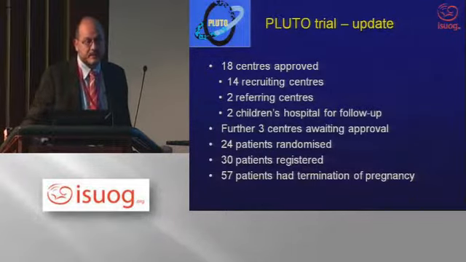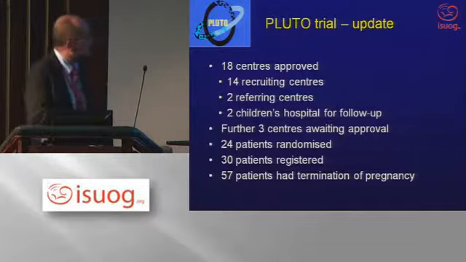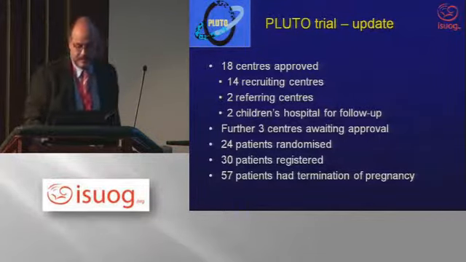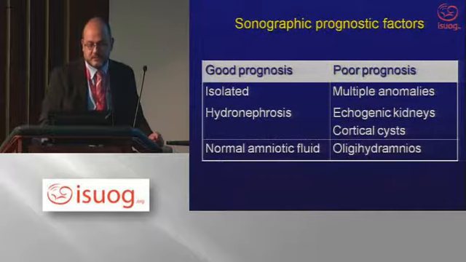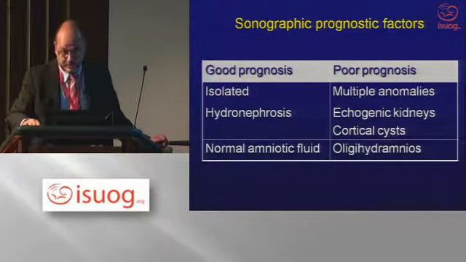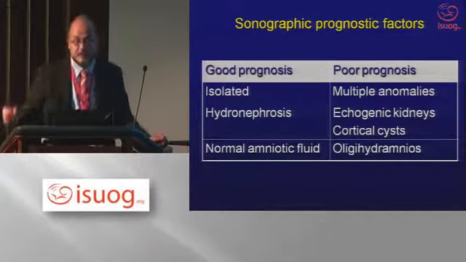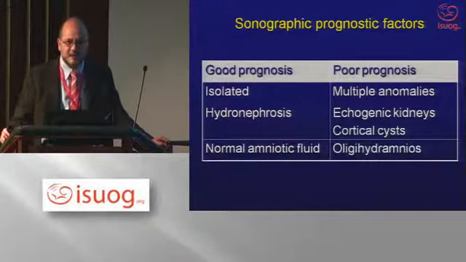So they're hoping that they're going to get a boost in their numbers. And as you can see, still the majority of patients going down the termination of pregnancy route. And of course, that's absolutely indicated if that's what the parents want. No one who elects for a termination is randomized in this study. So that's a little bit about Pluto.